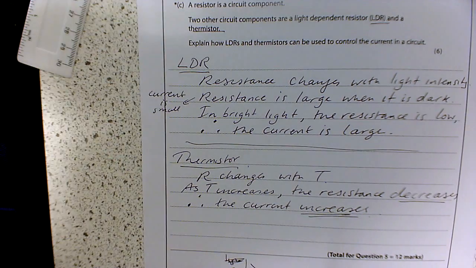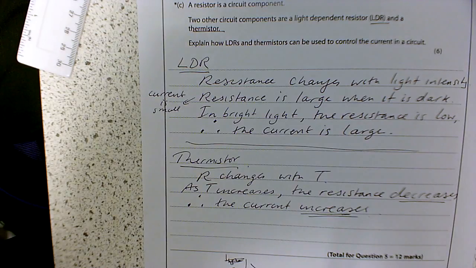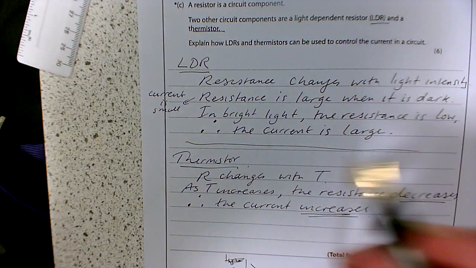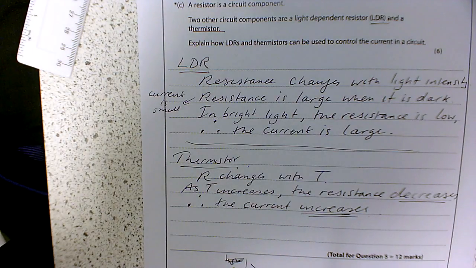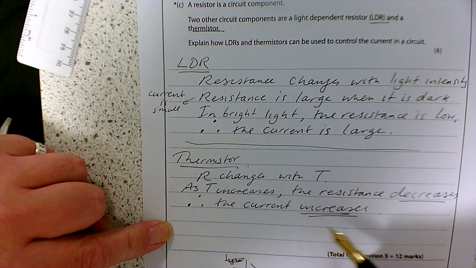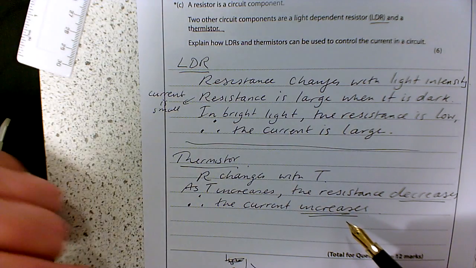Basically in this question they're just trying to get you to regurgitate a bit of knowledge related to current. The mark scheme says that in a 5 to 6 mark answer, you can read this yourself, a detailed explanation including the qualitative relationships. It's all qualitative, there's no numbers in this. It's a fairly easy 6 marker. You could talk about the resistor cooling down, so the current flow will then change.